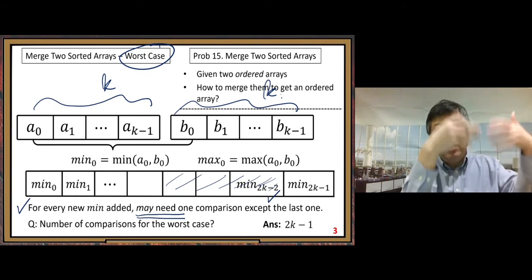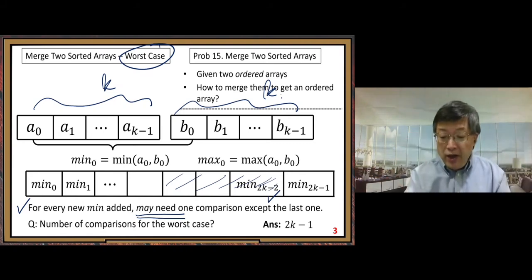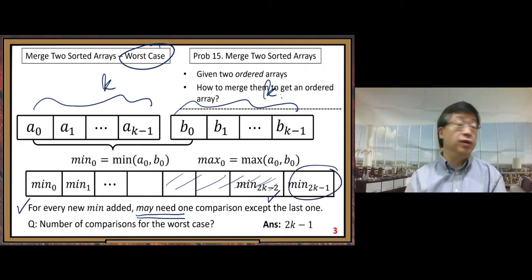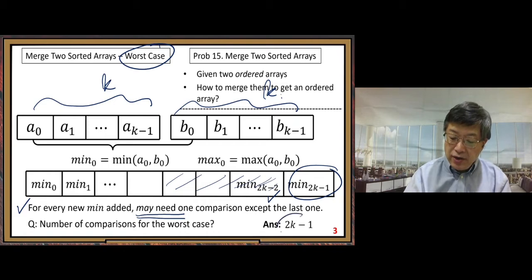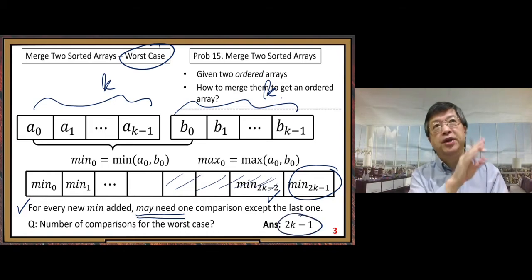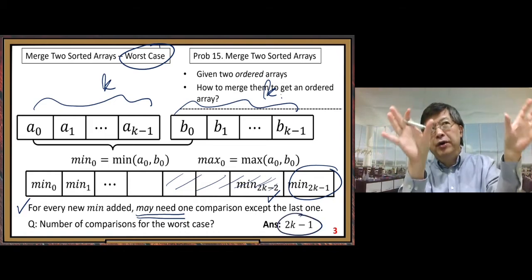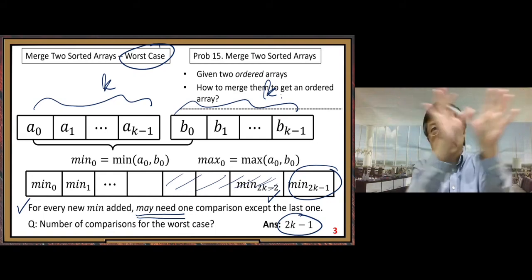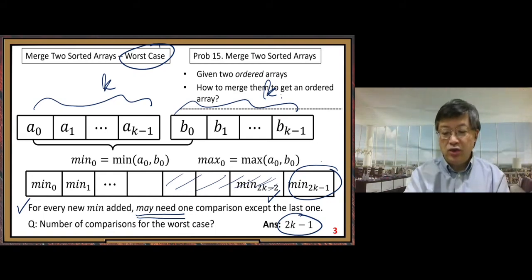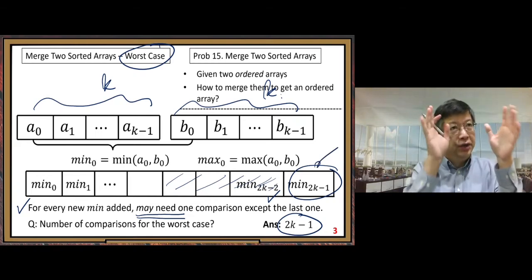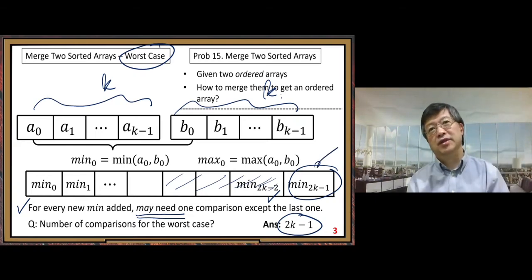If this occurs repeatedly, except the last one we don't need a comparison. So we need 2k minus 1 comparisons: the total number of elements of the two arrays minus the last one. So that's the worst case.